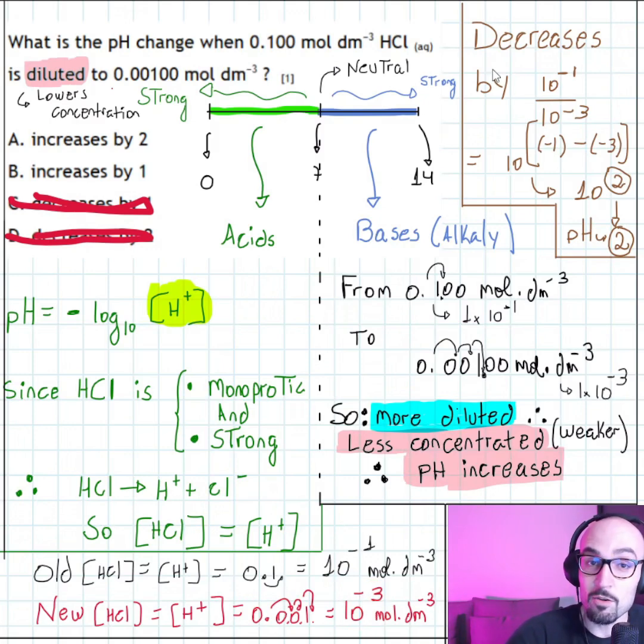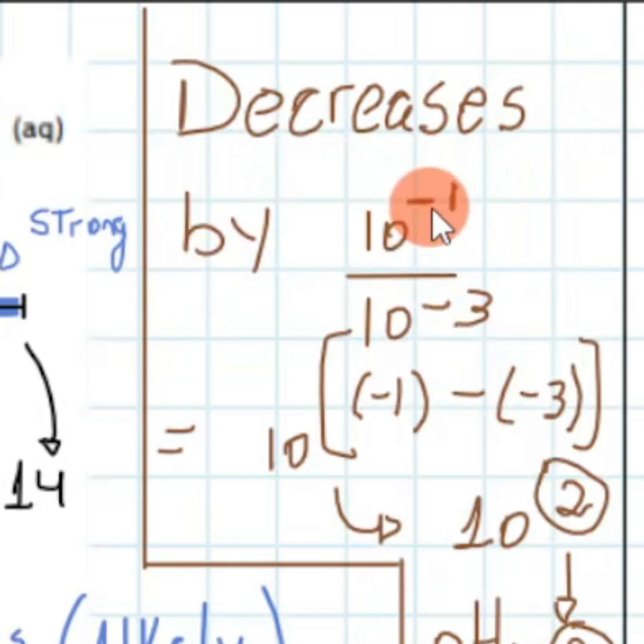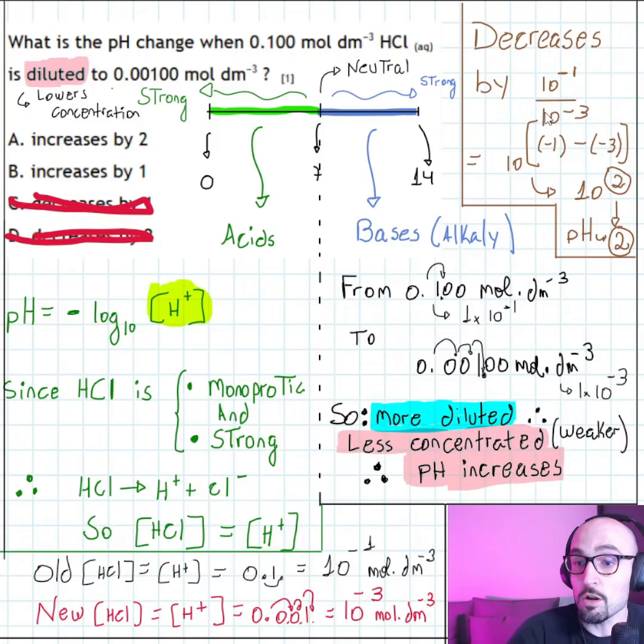So let's calculate by how much we diluted our acid, how much weaker our acid became. If we put the original concentration on the numerator and the new diluted concentration in the denominator and we divide them, we're going to find out by how much it was diluted.